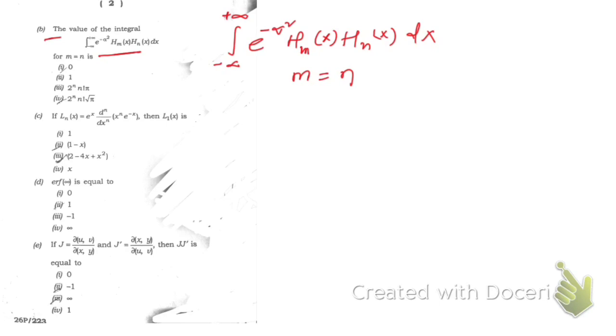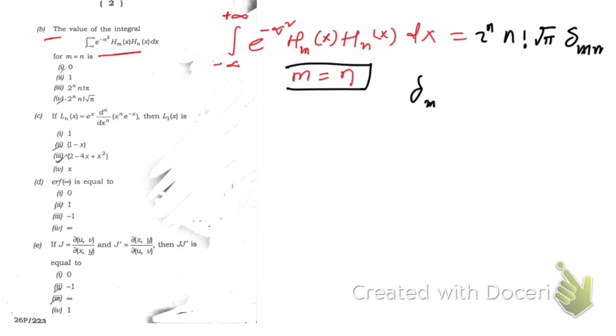Its value is given by 2 to the power n, n factorial, root over pi, delta mn. For m equal to n, delta mn is equal to 1, and for m not equal to n, it is 0.